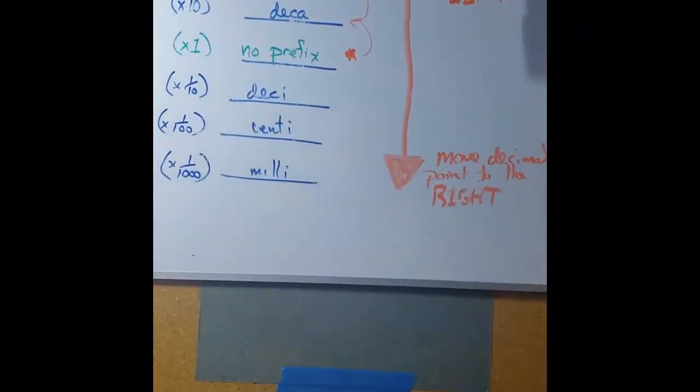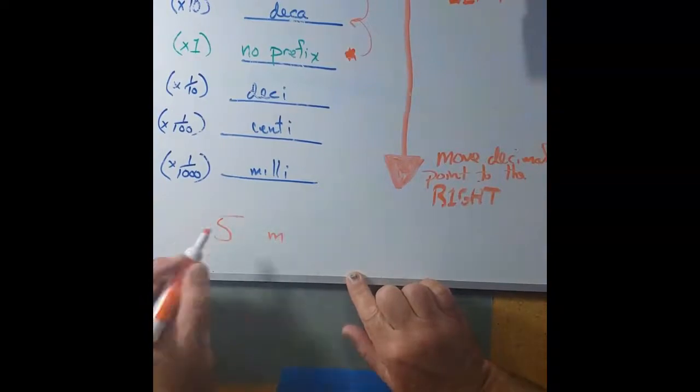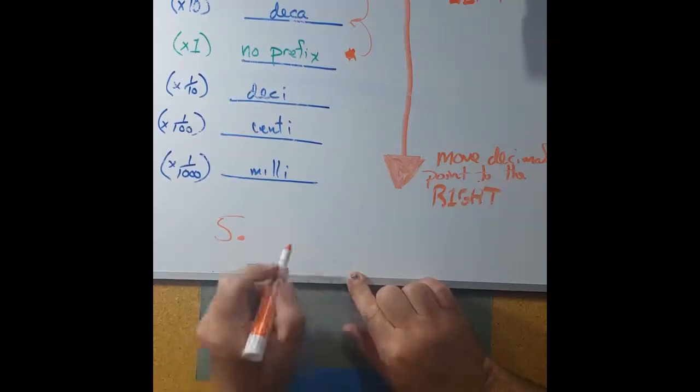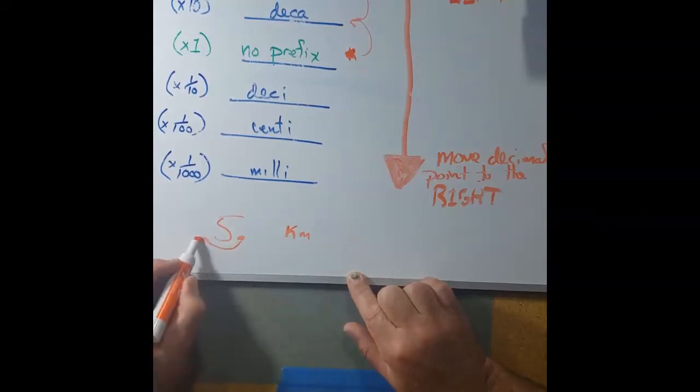And so if we take this 5 meters, we know that the decimal point sits right here. To change this meters to kilometers, we need to move this decimal point 3 places. 1, 2, 3, and then we'll put it right here. 3 positions to the left.